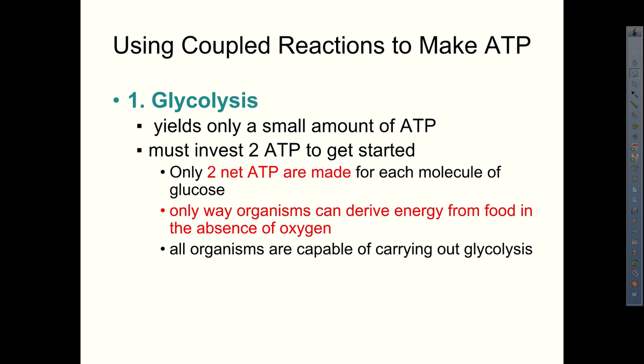Bacteria are able to do this. Yeast are able to do this process. But it's very simple and an inefficient use of glucose. If you're only doing glycolysis, you're taking that 1 molecule of glucose, but you're only making 2 ATP with it. So it's not a really great turnaround.